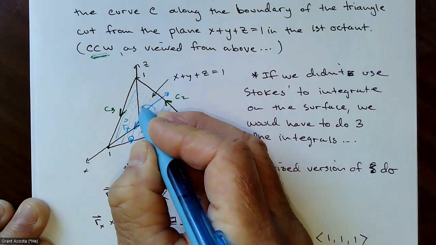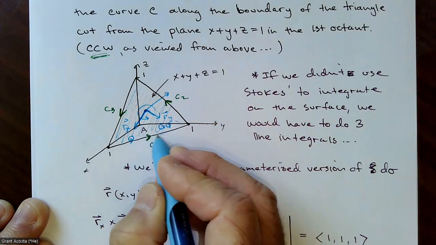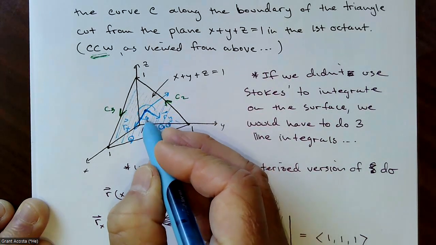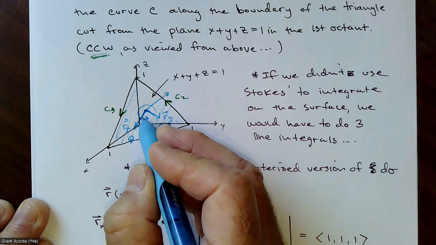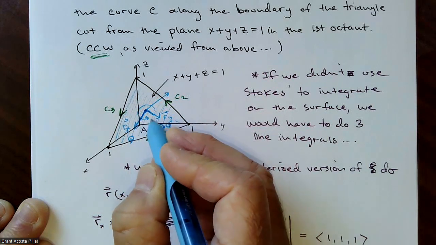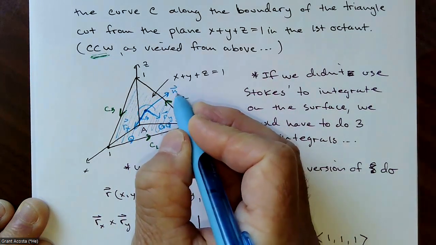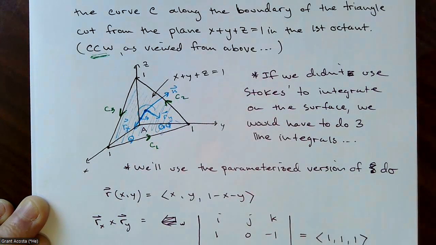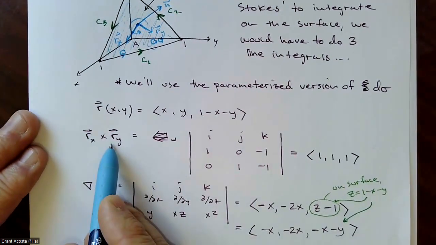Because that's essentially going to give you circulation that's going this way, which we could see would be in the correct direction. And hopefully you can see that would be r sub x crossed with r sub y. I'd want to pull r sub x into r sub y by the right-hand rule. That would produce a normal vector that's pointing outward. So that's why I chose this here.